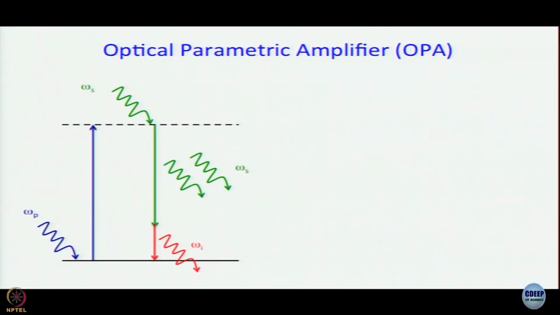Now, if you think practically, where will we get omega s from? And then I want a tunable source, right. So, I might want as many possible values of omega s as possible. The best way of trying to do that is to generate white light.